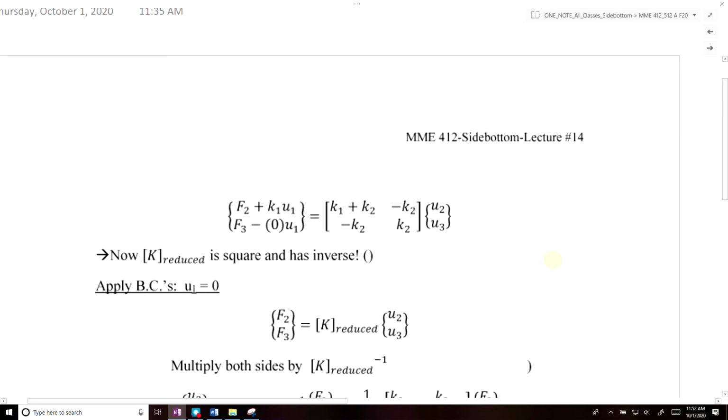What you'll see is those two products, K1 times U1 and 0 times U1, got subtracted from F2 and F3. So now we have a reduced stiffness matrix here that is square, and more importantly, it also has an inverse. That's fantastic. We can then apply our boundary condition that U1 is equal to 0, and our equation simplifies down to this equation here.